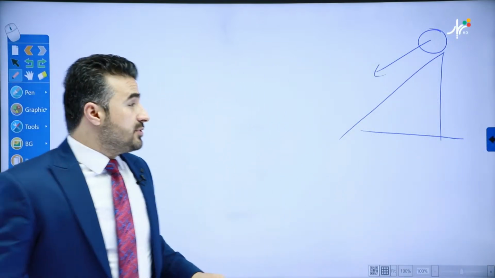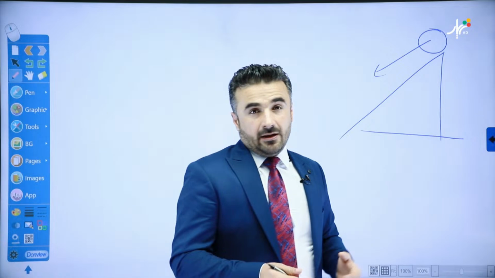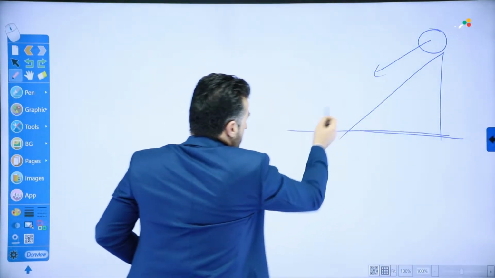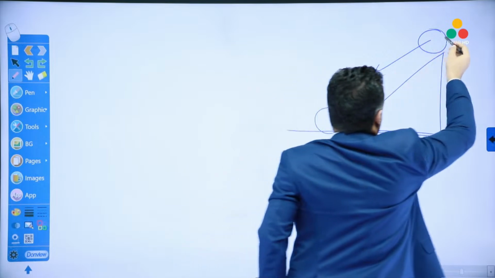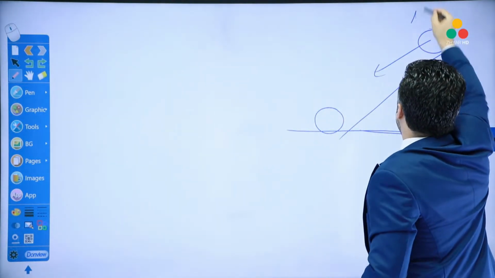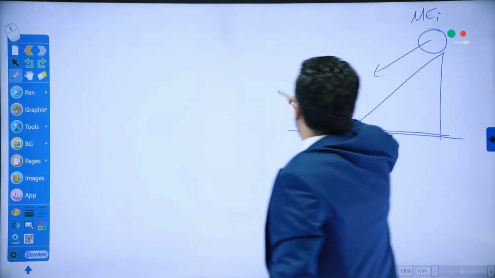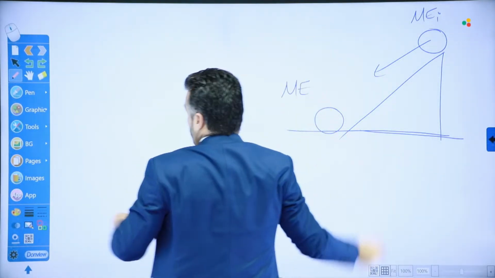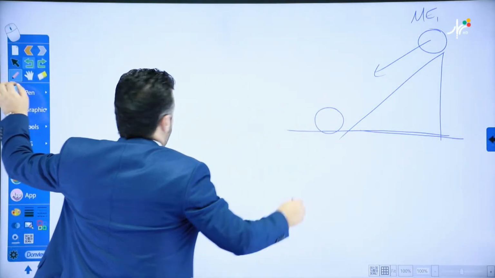Slipping means the object is not rotating. So what happens in this case? If the mechanical energy is conserved, initial mechanical energy will equal final mechanical energy. Let me use capital M, better than this.